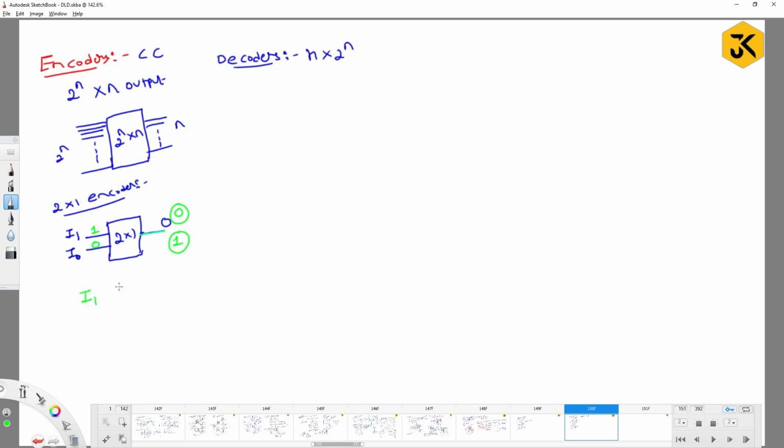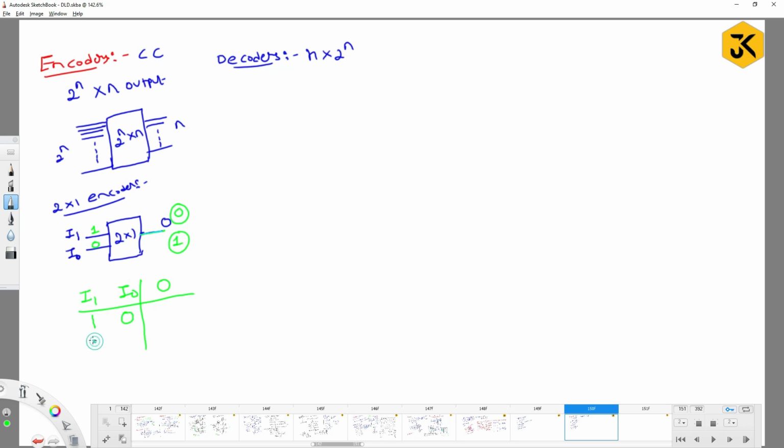If I construct a truth table for this, with I1 and I0, you get output O, right? Now if you pass I1 value as 1 and I0 value as 0, I am simply activating my first input.